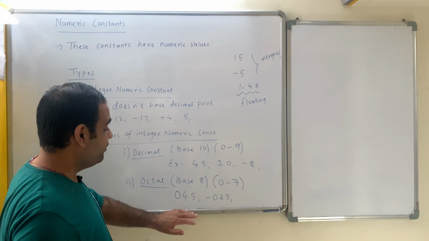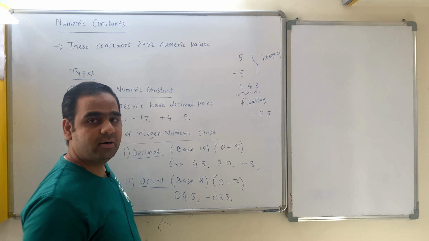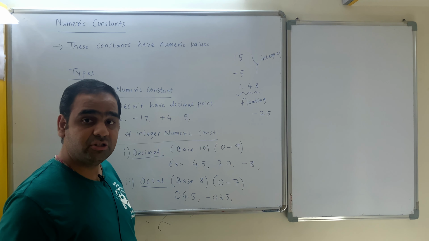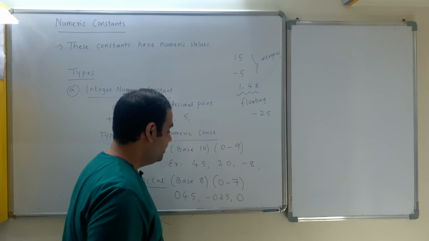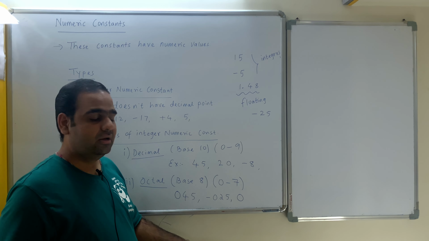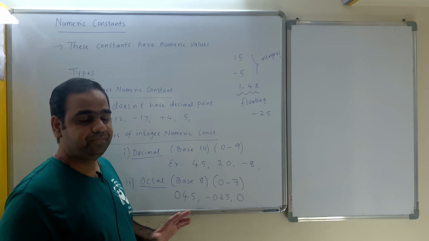But if you had written only minus 25, it would have been a decimal number. Now the question comes, sir, if I write 0, is it decimal or octal? By definition, 0 is octal in the C programming language.